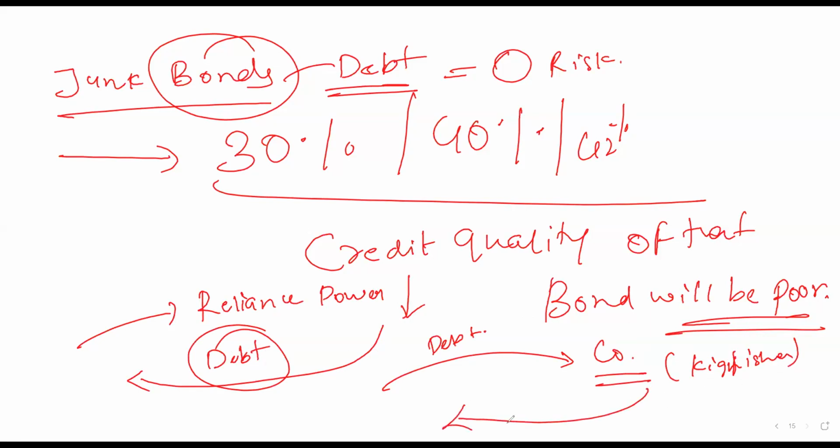They won't be able to pay back your debt. And if they won't pay back coupon or face value at maturity, they are not able to pay back the debt that they have raised from you, that is also a risk, and that is called default risk.